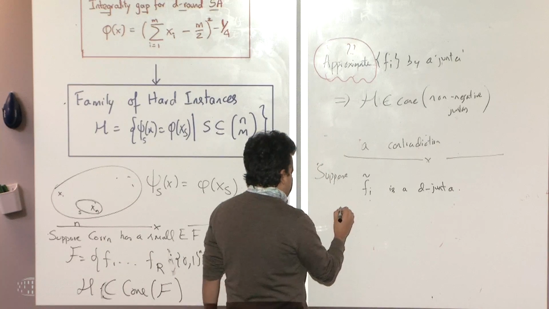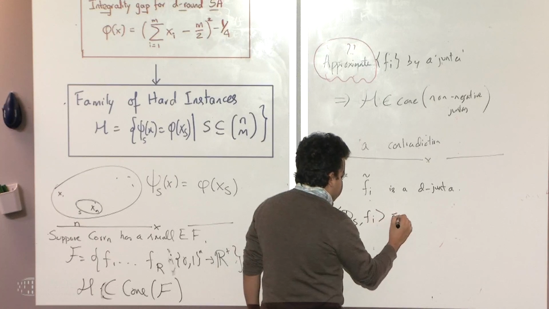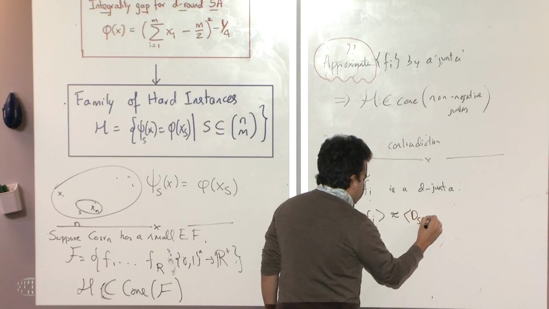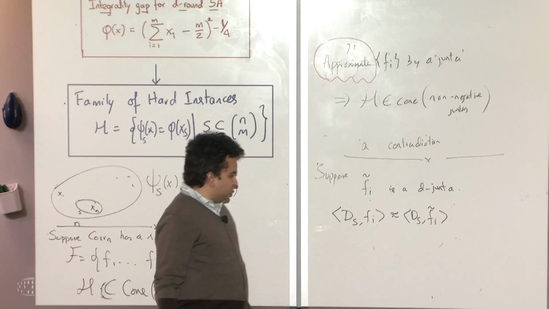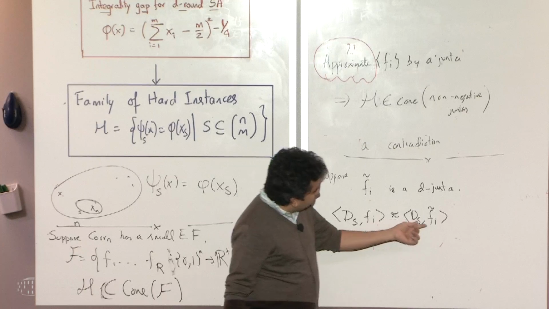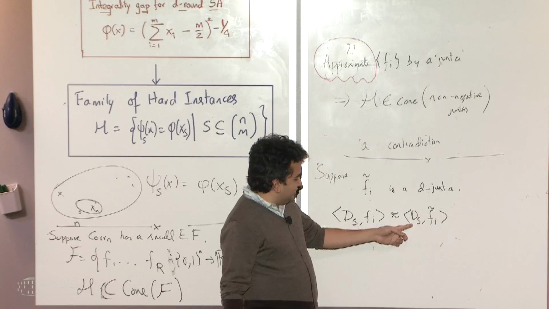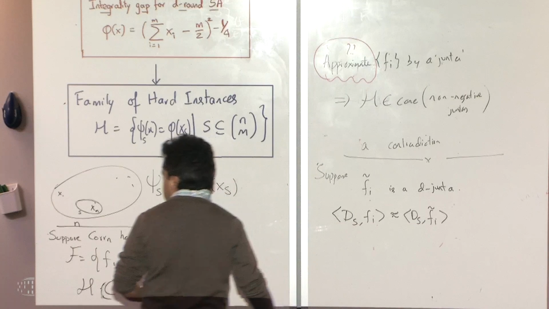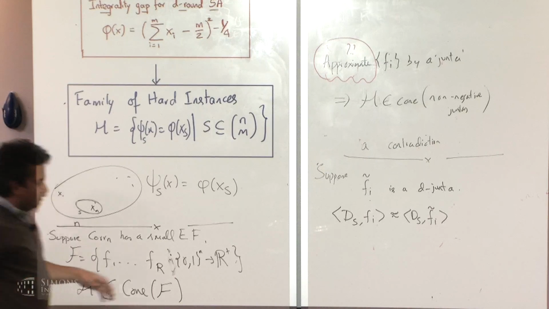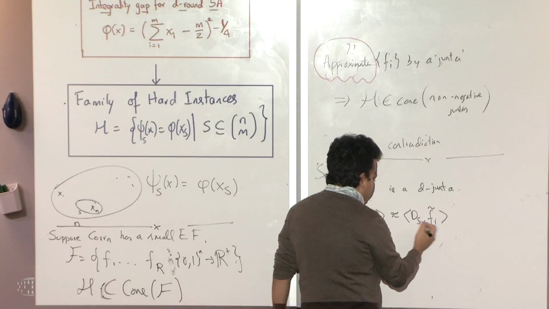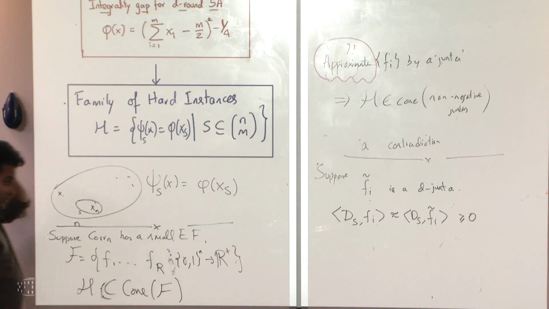Because it's an approximator, on every distinguisher it has the same value. And because this is a d junta, d sub s is non-negative there. If you give d sub s a d junta, it gives you a positive number.